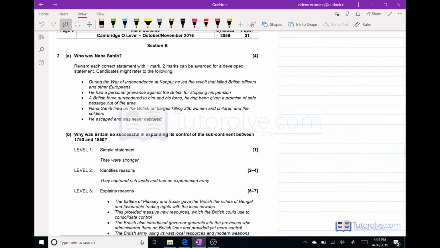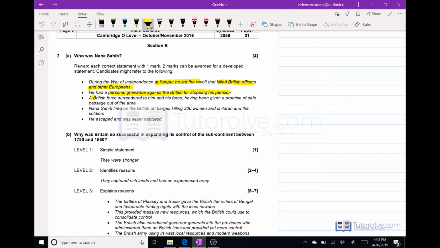Now question number 2 in section B talks about who was Nana Sahab. So these are some of the points. During the War of Independence, he led a revolt and killed British officers and other Europeans. So the important aspect is the War of Independence, Battle of Kanpur. He had personal grievances against the British for stopping his pension, so he led a whole-out revolt.